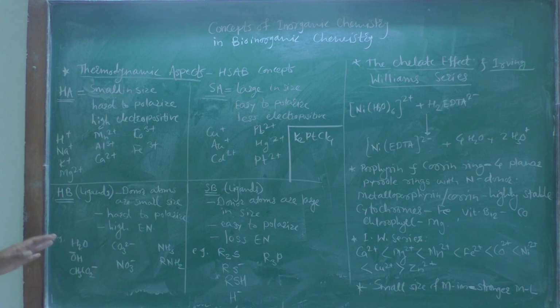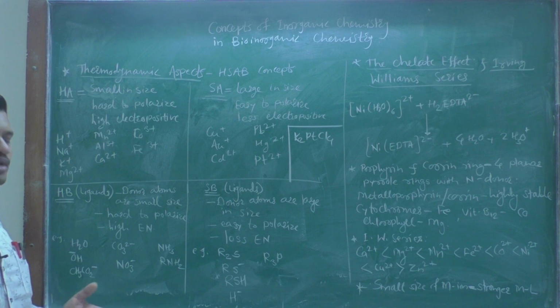The examples are H2O. We know that the donor atom in this water molecule is the oxygen atom, and this oxygen atom is highly electronegative in nature. So the molecules or anions in which an oxygen atom or nitrogen atom acts as the donor atom in these ligands or bases are called hard bases.